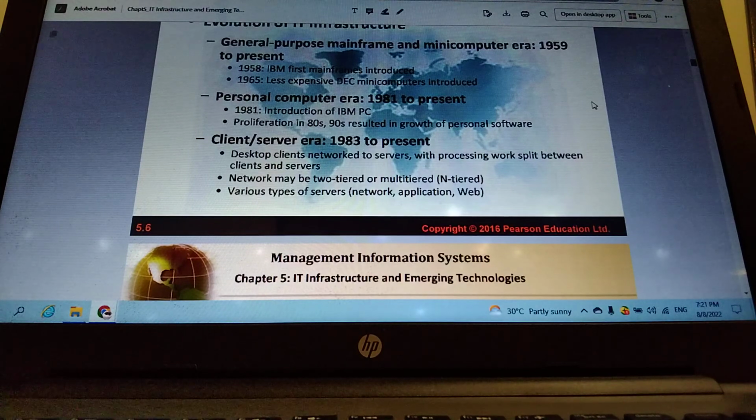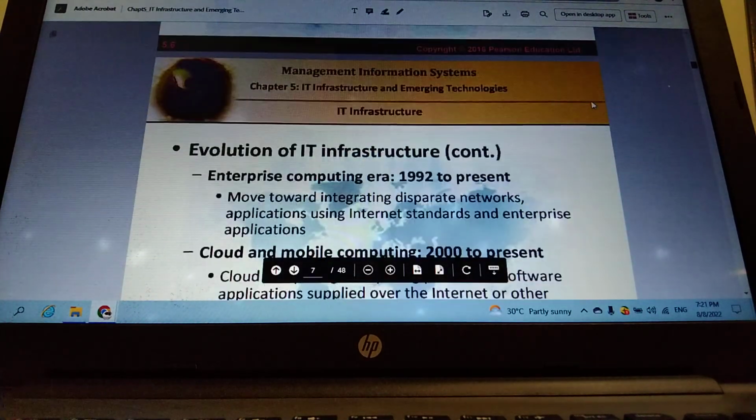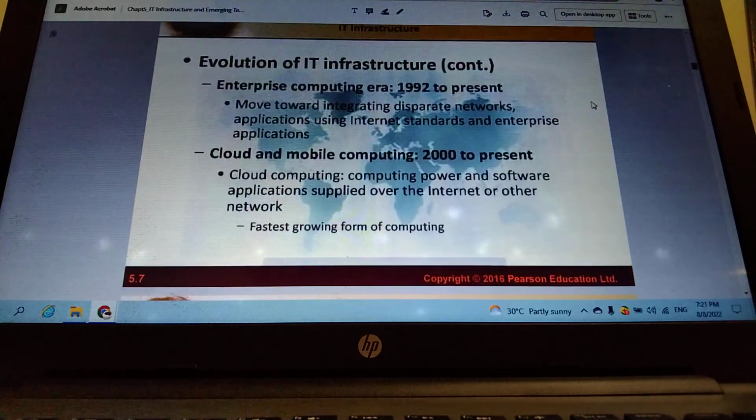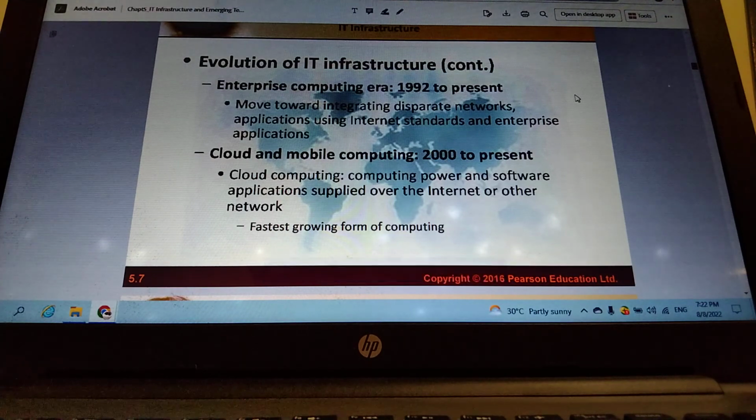And then networks were introduced like what we have today, and then slowly we started to have internet, other applications, and so on. So just to give you some general knowledge on how IT started from those days until what we have today. Continue on the evolution of IT infrastructure.